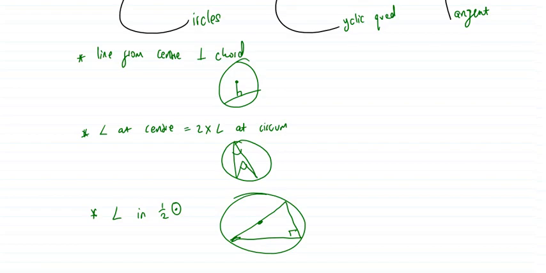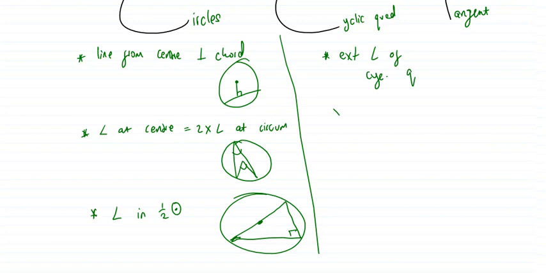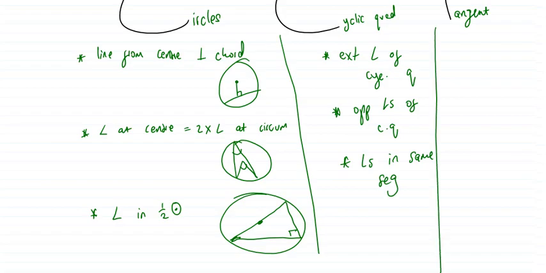The ones that are talking about a cyclic quad, number 1, exterior angle of a cyclic quad. The second one is opposite angles of a cyclic quad. And then the last one is angles in the same segment. Okay. And then for tangent, there are 3 of them.